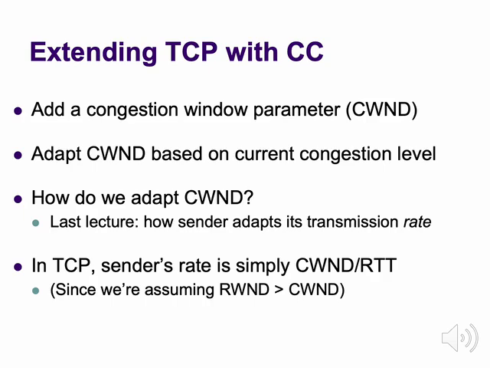What is the rate after all? The rate is just how many bits you can send or how many bits you're sending per unit time. Right? 10 megabits per second, 100 megabits per second, whatever. It's bits per unit time. In TCP, the sender, if you think about it, is sending a cwnd worth of bytes, and it's sending cwnd worth of bytes on the time scale of a round trip time. Right? That's how many bytes I, as a sender, can put into the network.